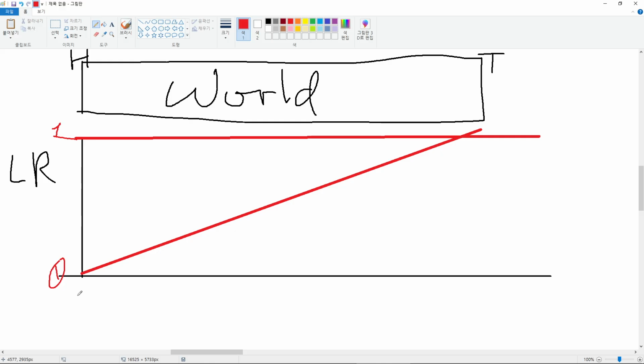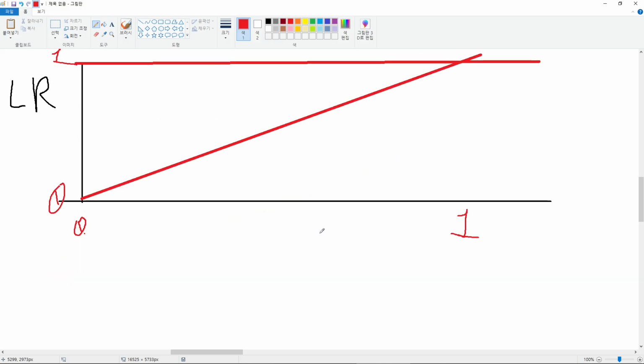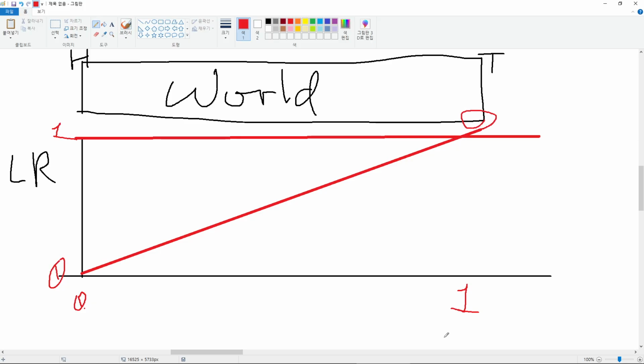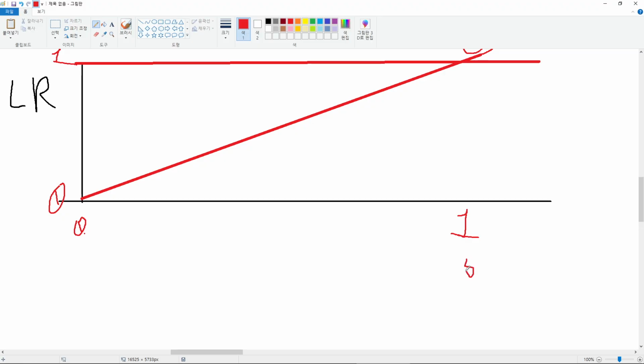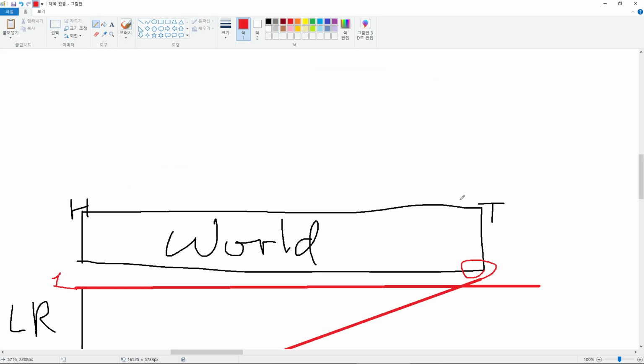So the head entity is going to have a learn rate somewhere close to 0, and the tail entity is going to have a learn rate close to 1. This is usually computed by dividing the rank by the number of entities in the world.